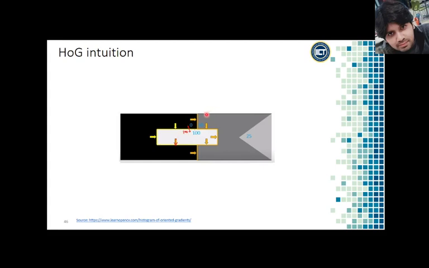Now the next gradient is in this direction, which is if we enter from black to gray, and from gray to white, and from white to gray, and so forth. In this direction the gradient is 50: 50 minus 0 is 50, and 100 minus 50 is 50.